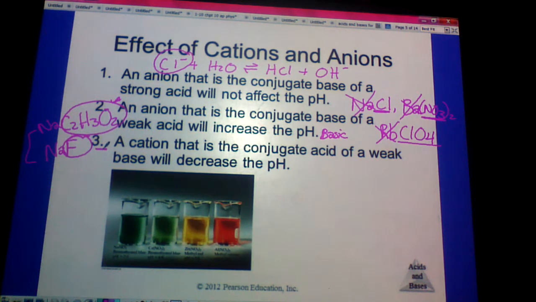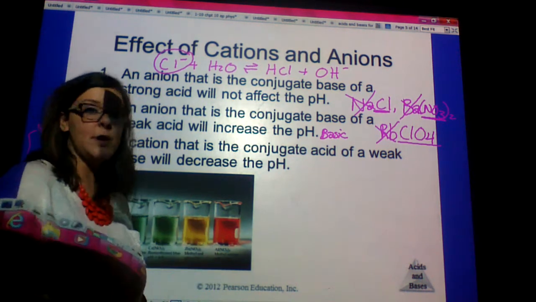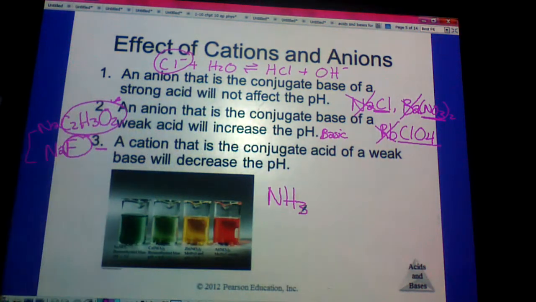A cation that's the conjugate acid of a weak base is going to decrease the pH. So a cation that is the conjugate acid of a weak base will decrease the pH. So an example of that one. So a weak base, let's think of a weak base here. Ammonia. Ammonia is a weak base, NH3, and I know that because it's not one of those 8 strong acids that we had to know.